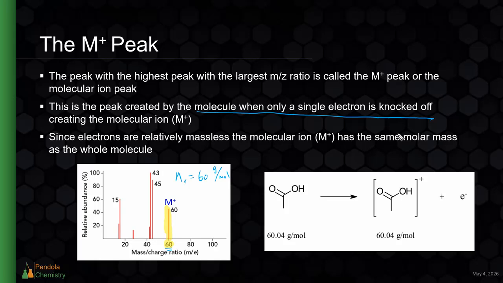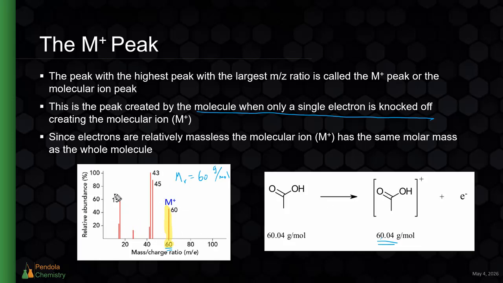Since electrons are relatively massless, that electron being knocked off doesn't actually change the molar mass. So here, for example, if we have ethanoic acid, which has a molar mass of 60.04, when 1 electron is knocked off of the ethanoic acid, it creates the exact same molecule but with a plus 1 charge. That is what causes the M plus peak. It's just the molecule.